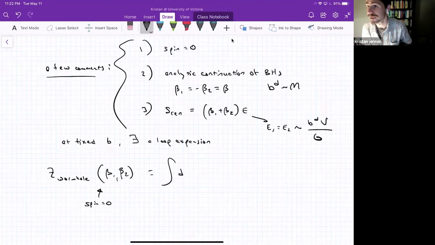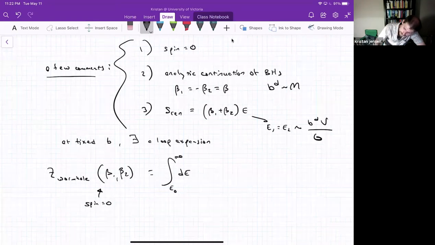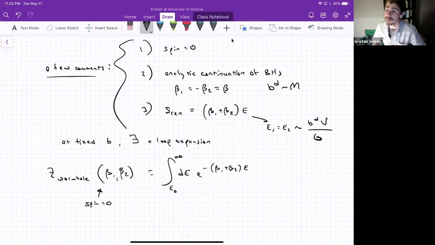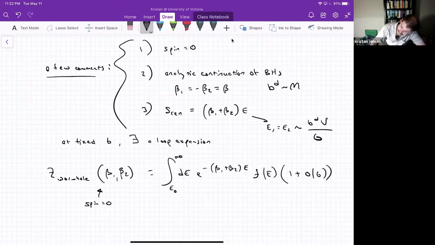We can convert that to an integral over energies, where you start off at some minimum energy and go off to infinity. There's a Boltzmann factor coming from a classical gravity computation that's for normalized action. There's a 1 loop measure we could call f of E. And then there's 2 loop and higher effects.